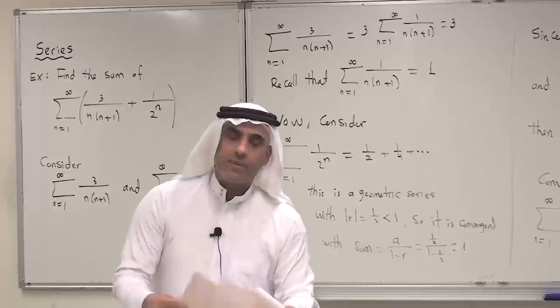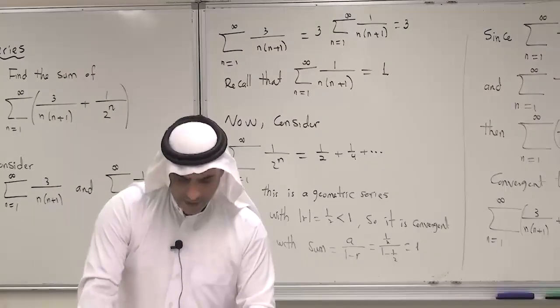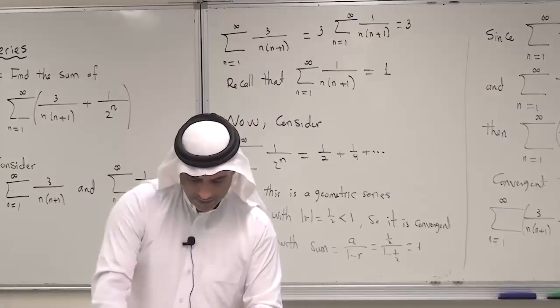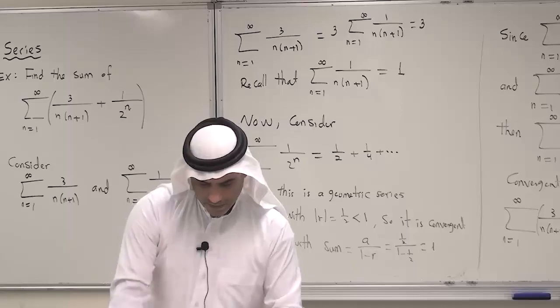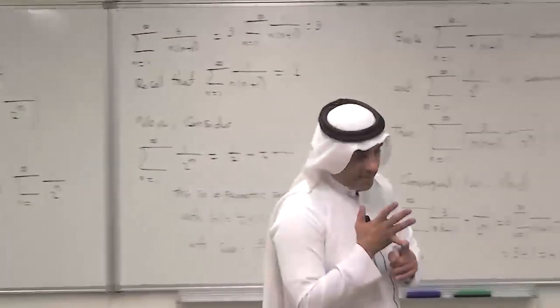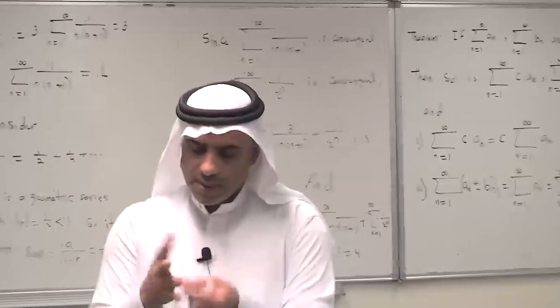Now, let us summarize what we did until now in series and see what will be our next point. We defined the meaning of an infinite series, then the difference between series and sequences.